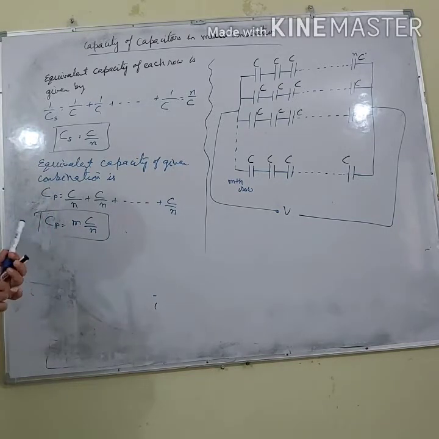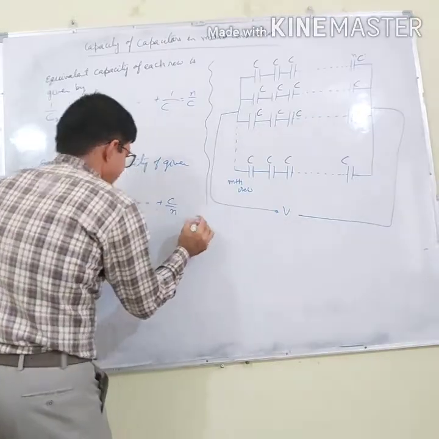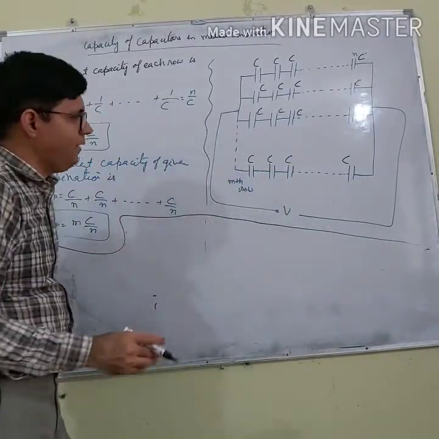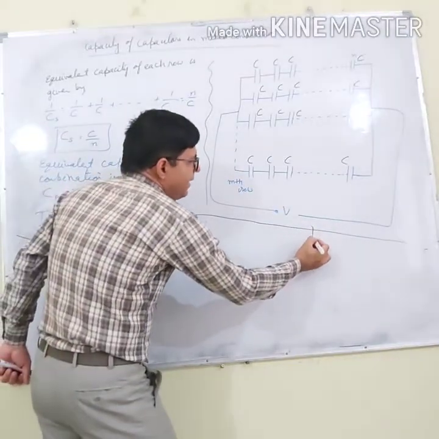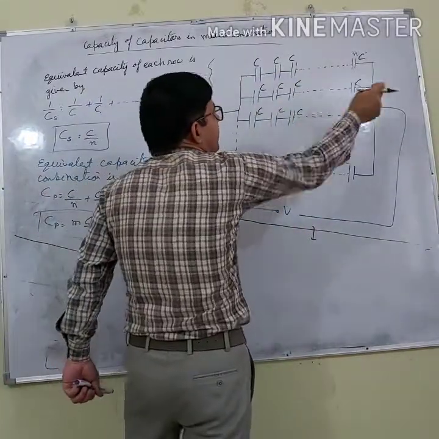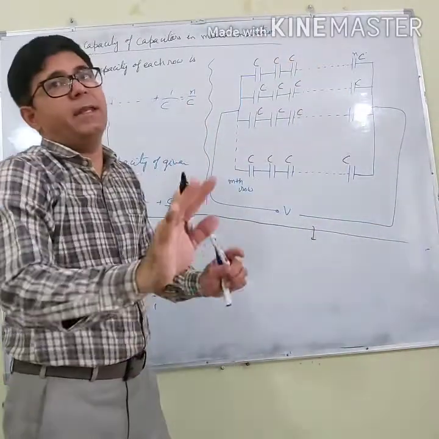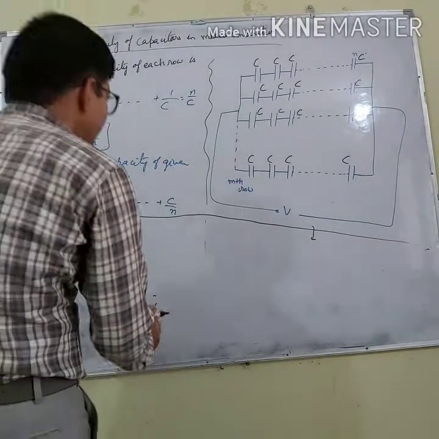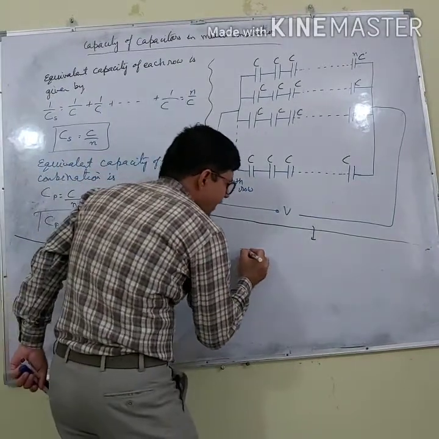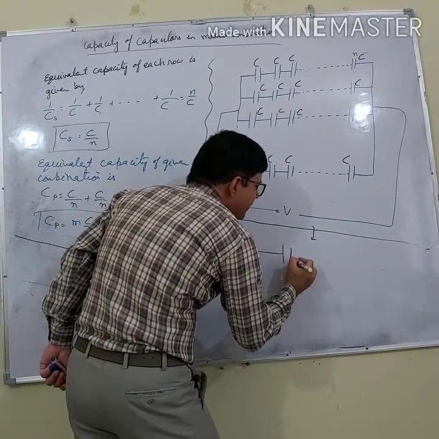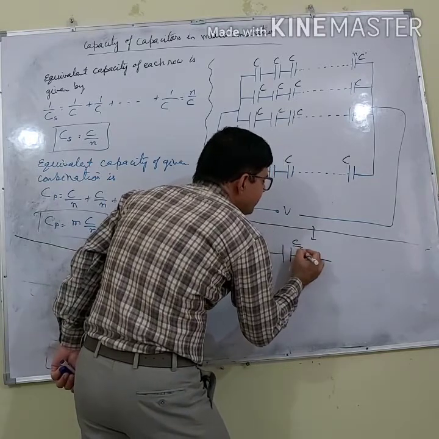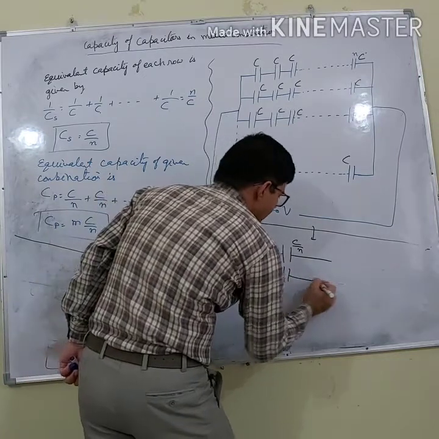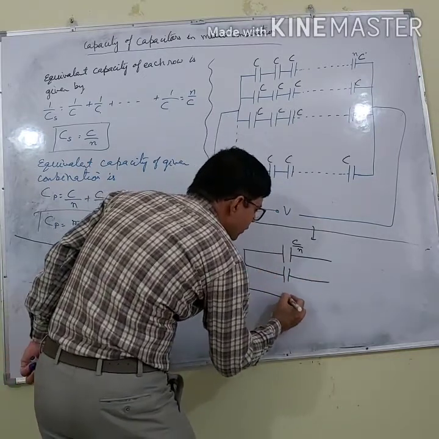Another way you can also attempt. If it is not clear, there is another, very simple way of solving this. How many capacitors are in each row? n. These capacitors are connected in series. So I can say that it appears I am having a single capacitor whose capacity is C by n. And how many rows am I having? I am having m rows.